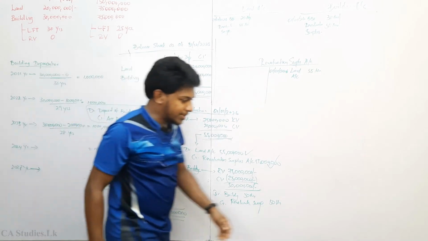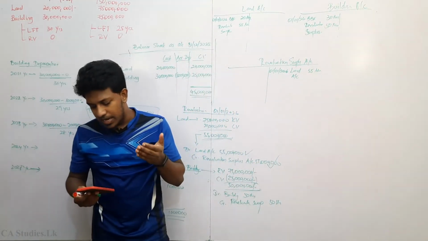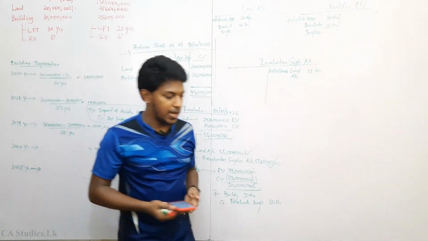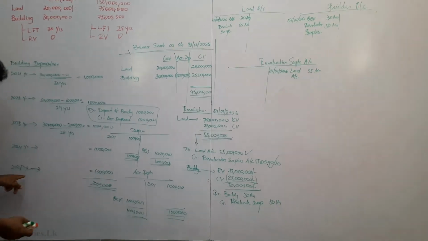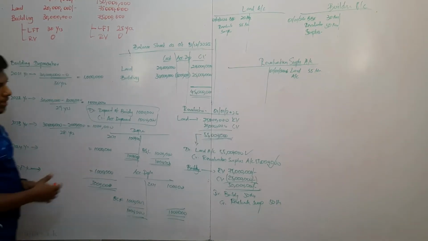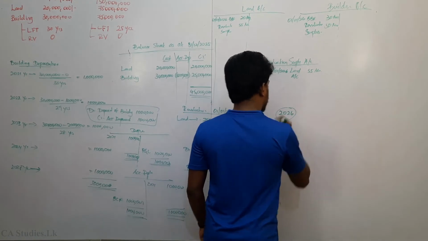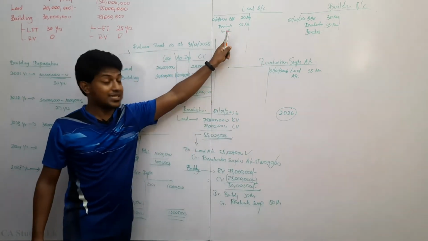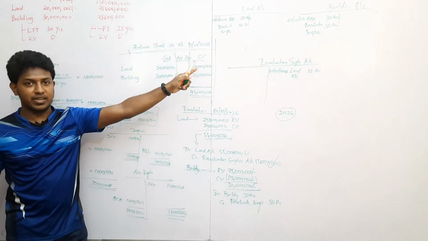Now it says there is a balance of 25 years depreciation. Now we'll calculate the 2026 depreciation. From the first day onwards, the revaluation surplus will be charged.